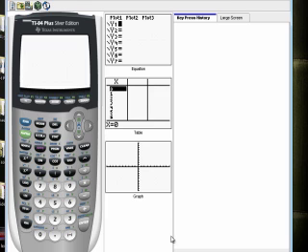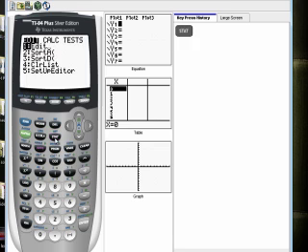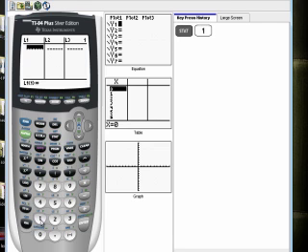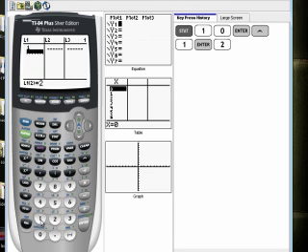In order to do this, I am going to enter the data points into the calculator by pressing Stat 1 and then entering my X's: 1, 2, 3, and 4.